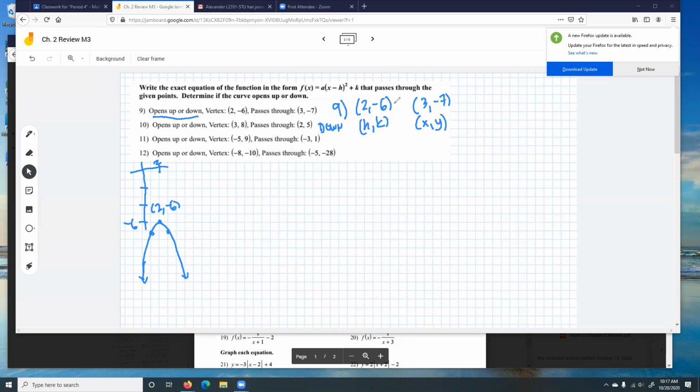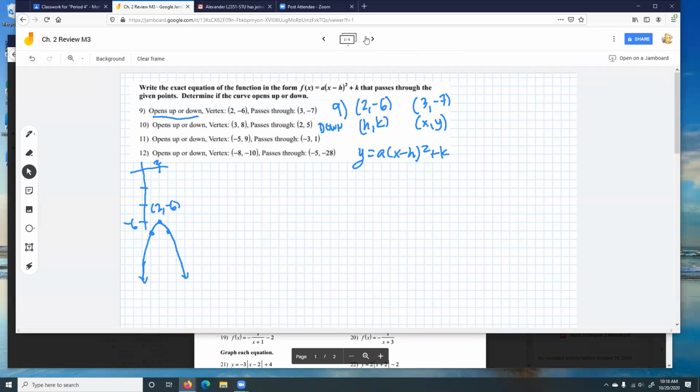This is something you're going to have to do on the test: plug points into this equation. Our equation is y equals a times (x minus h) squared plus k, which you can find on your parent toolkit. You're going to be allowed to use your parent toolkit on the test, and a scientific calculator, but that's it.